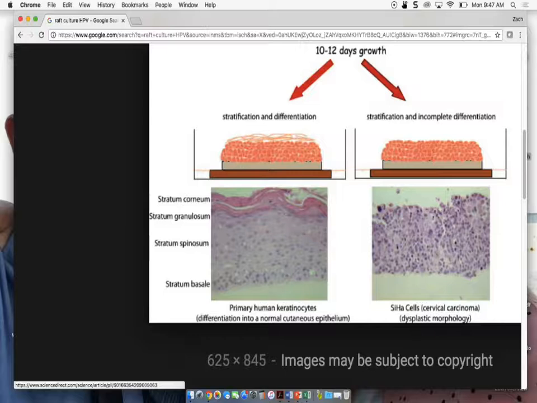All right, here's what I want you to answer. The big point today was talking about how HPV overcomes a host cell hurdle.